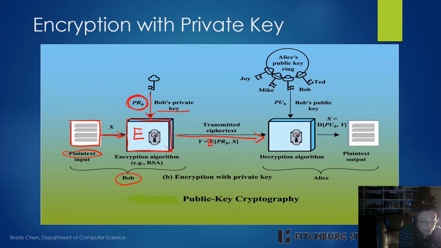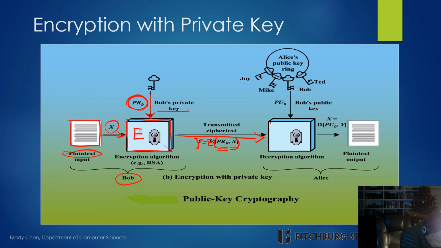If we interpret the encryption algorithm as a math function, it's the function E, and the parameters the function needs are first the plain text, and second the private key of Bob. So Bob uses his private key to encrypt the plain text, Bob generates the ciphertext, and then Bob sends the ciphertext to Alice.